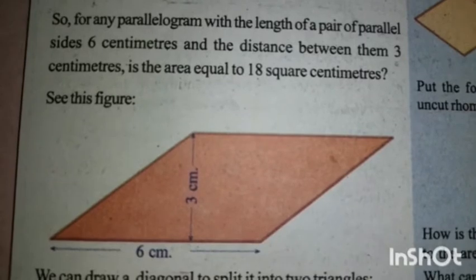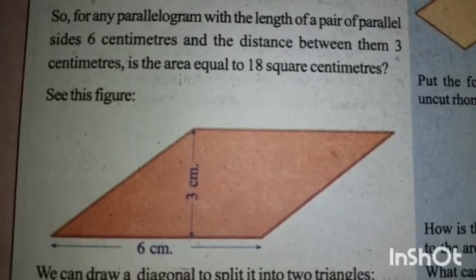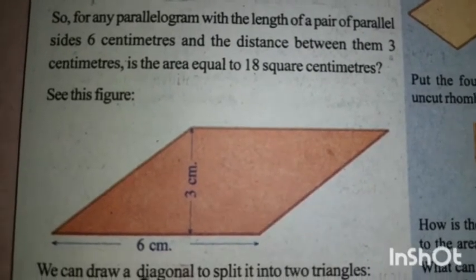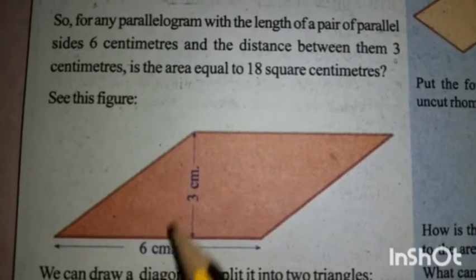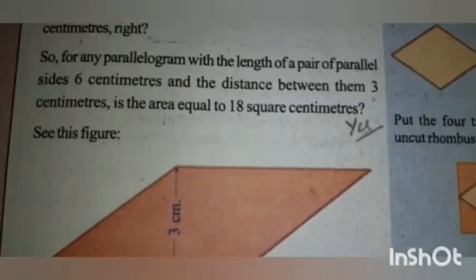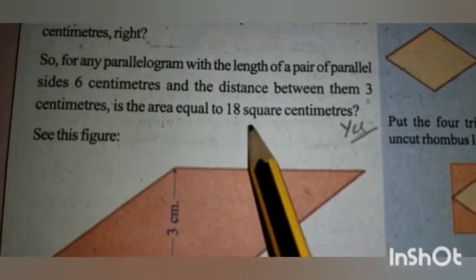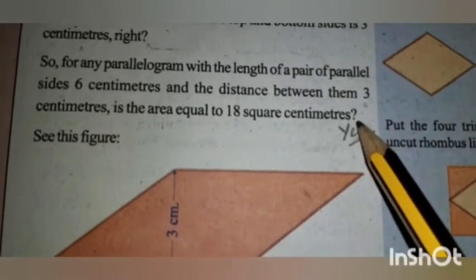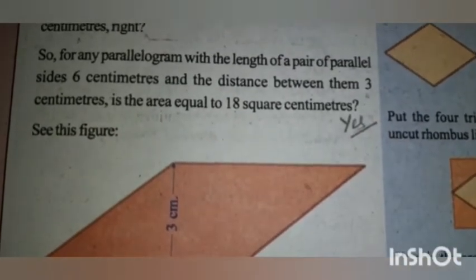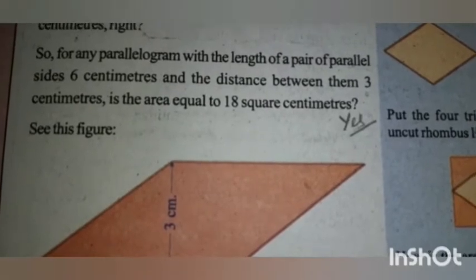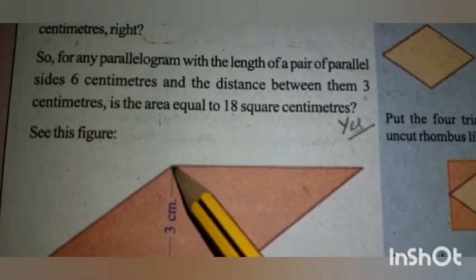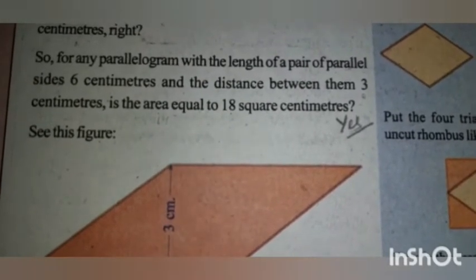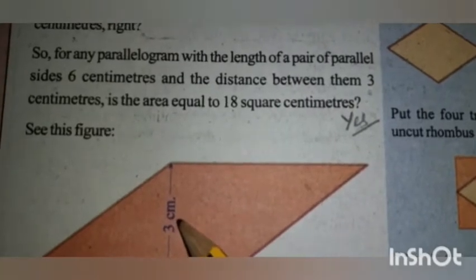So for any parallelogram with the length of a pair of parallel sides 6 centimeter and the distance between them 3 centimeters, is the area equal to 18 centimeter square? Yes. Then you can see this parallelogram. 6 centimeter is the bottom length and the distance between the top and bottom end is 3 centimeter.